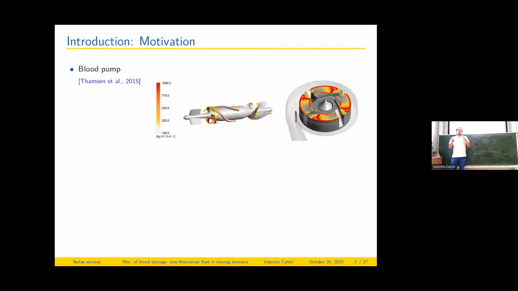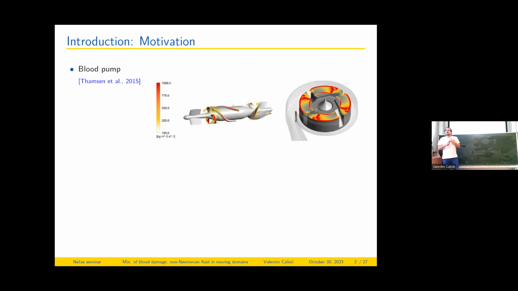So I will start with a few motivations. For people with heart failure, the use of ventricular assist devices and in general blood pumps or rotary blood pumps is necessary. But this may cause many difficulties like thrombosis, bleeding, or infection. And in our case, we are interested in, but we will be more optimistic later, what we call hemolysis.